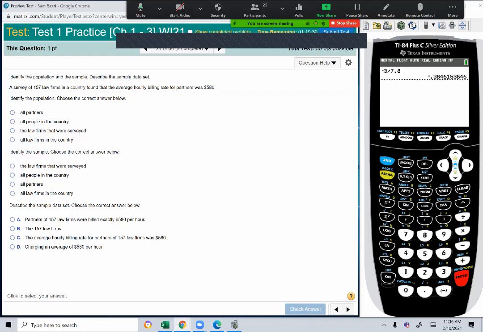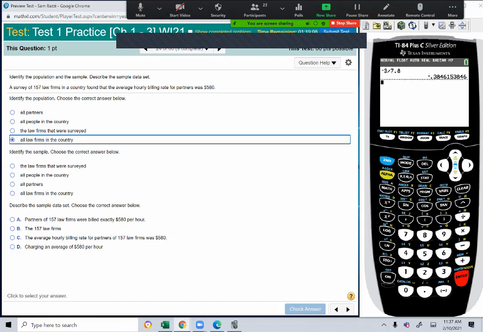Identify the population and the sample. A survey of 157 law firms in a country found that the average hourly billing rate of partners was $580. What's the population, guys, and what's the sample? All law firms in the country. All law firms, yeah, exactly.